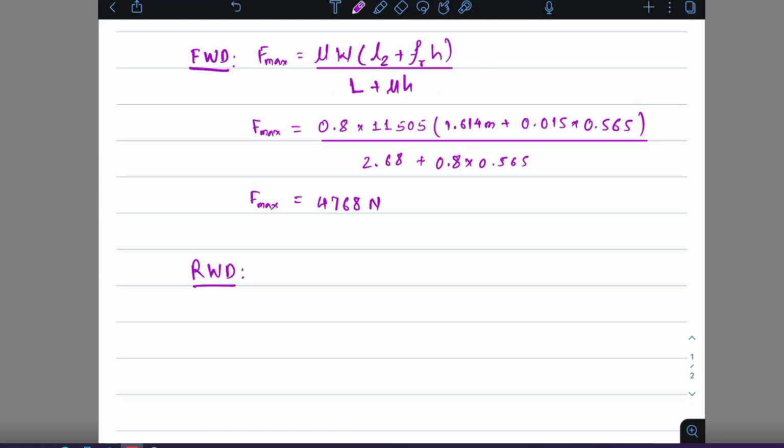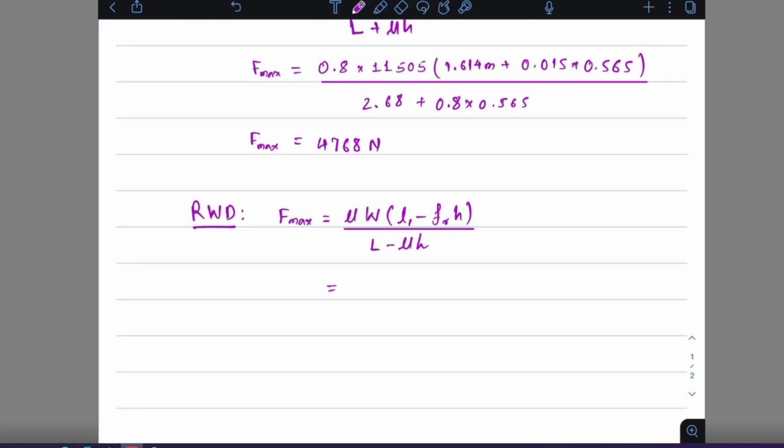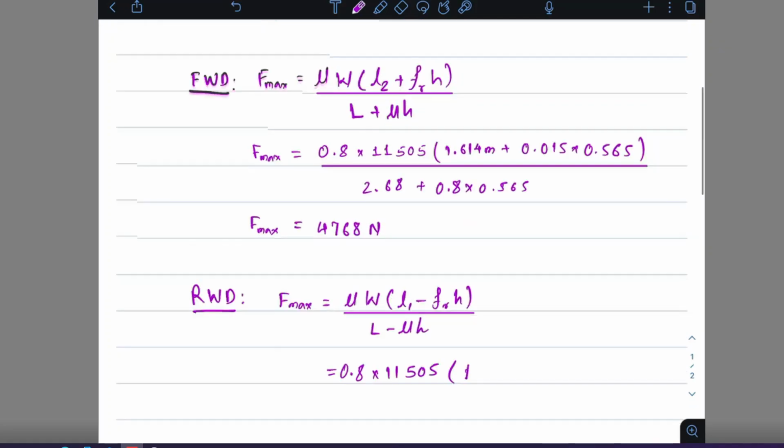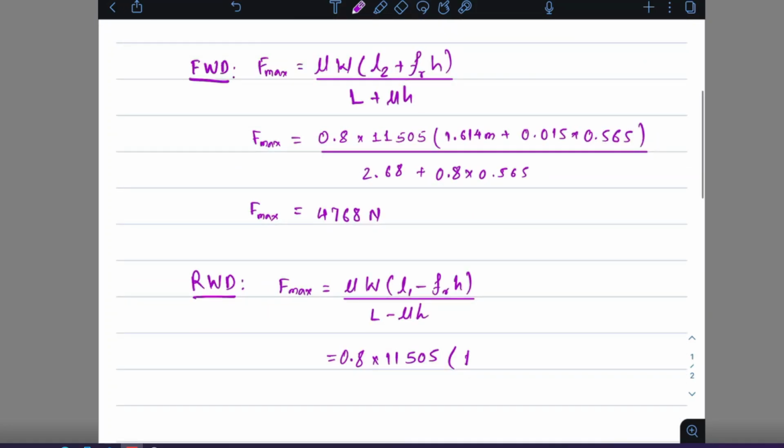Now let's do the same calculation for rear wheel drive. For rear wheel drive, we'll have F max equals mu into W, L1 minus Fr into H, divided by L minus mu into H. So 0.8 into 11,505, 1.066 meters minus 0.015 into 0.565.